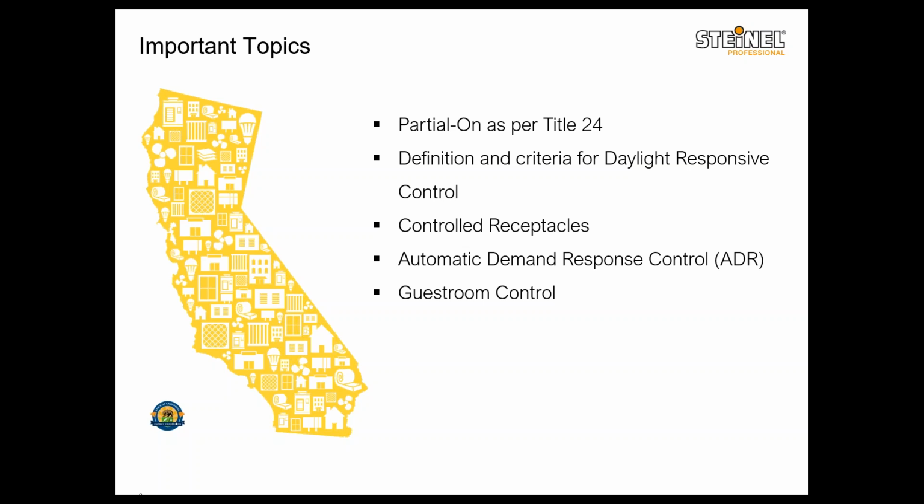They get a lot of sunlight, so they can save a lot of energy by dimming down the lights when the sun is out there. In Title 24, half of the receptacles in most areas need to be controlled based on occupancy. That's something that is not very common in all the country.